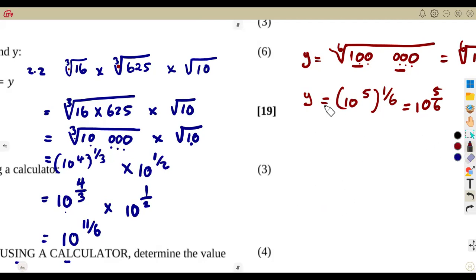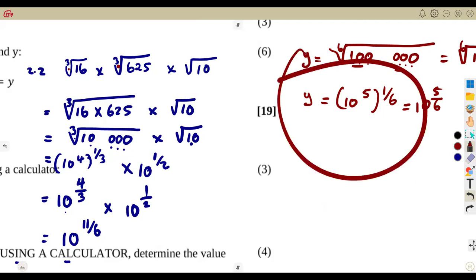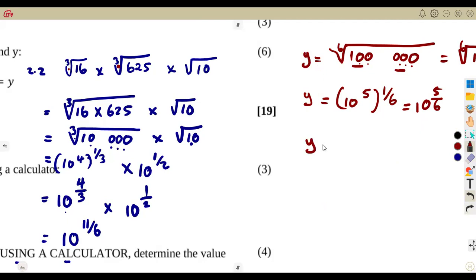There we are having here where y is. It is given that y is equal to 10 to the exponent of what? 5 over 6. But here we have got 10 to the exponent of 11 over 6. Are we seeing something familiar here, guys? What is it that is familiar?